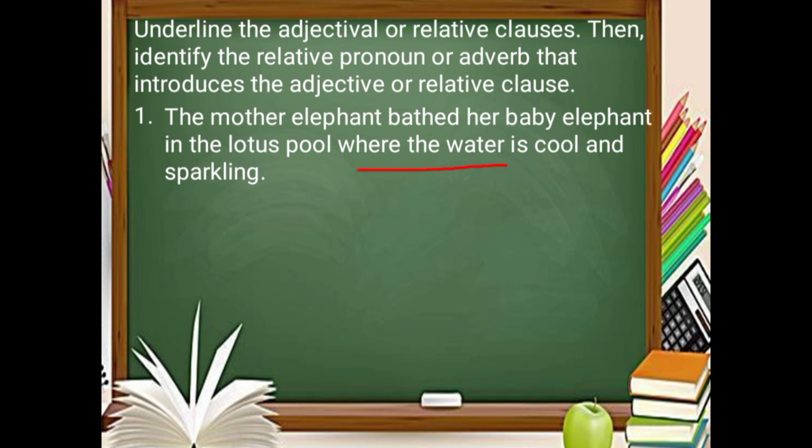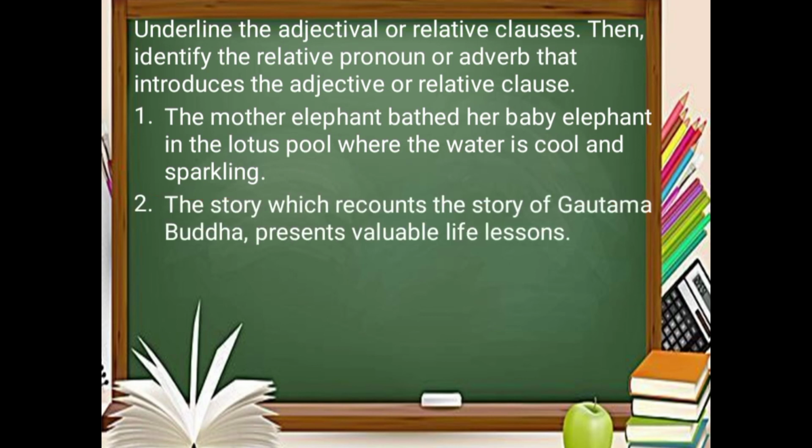Okay, where the water is cool and sparkling. Next, the story which recounts the story of Gautama Buddha presents valuable life lessons. What is the adjective clause? Okay, which recounts the story of Gautama Buddha. It modifies the noun story.